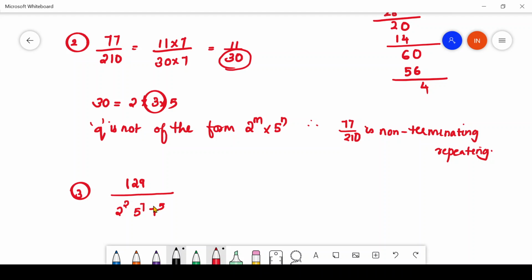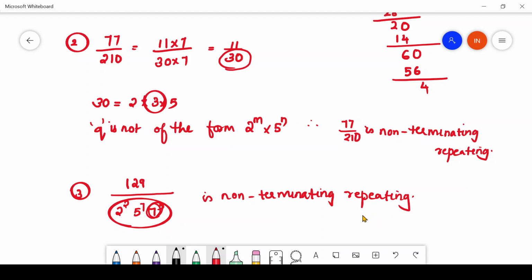By looking at the q itself, you can say that this is not of the form 2 raised to m, 5 raised to n, because it includes 7 as a factor also, right? So this is non-terminating repeating. How can you understand this? You can understand by looking at q, right?